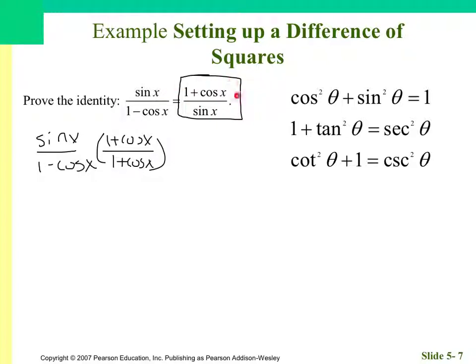I somehow have to get 1 plus cosine x to the top. So that's what I did. I'm just going to multiply, because isn't that multiplying by 1? We can do that. So I have sine x times 1 plus cosine x over 1 minus cosine squared x.